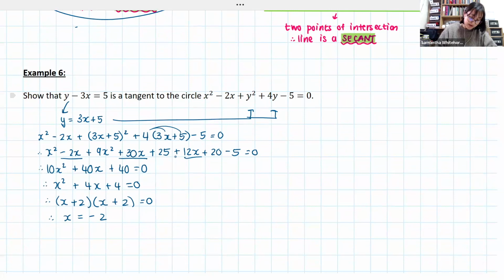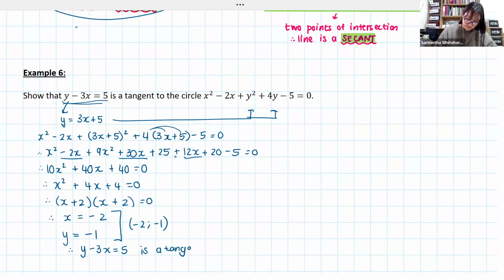Right, we substitute back into our equation to solve for y. So that means y is equal to -2 times 3, so -6 plus 5, which is -1. We only have one point of intersection. So therefore, y minus 3x equals 5 is a tangent as there is only one point of intersection.